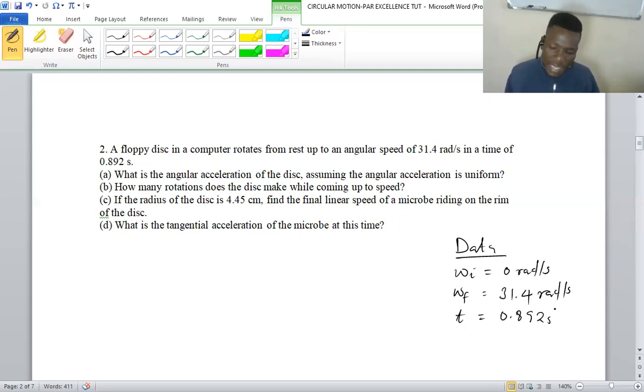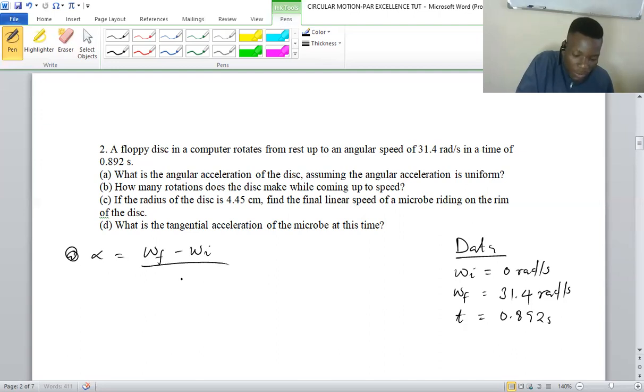So what is the angular acceleration? Now we know that the angular acceleration is basically the change in angular speed with respect to time. So the final is 31.4 rad per second minus 0 rad per second over time, which is 0.892 seconds.